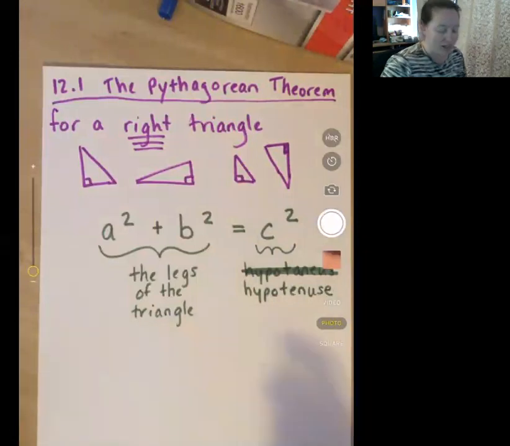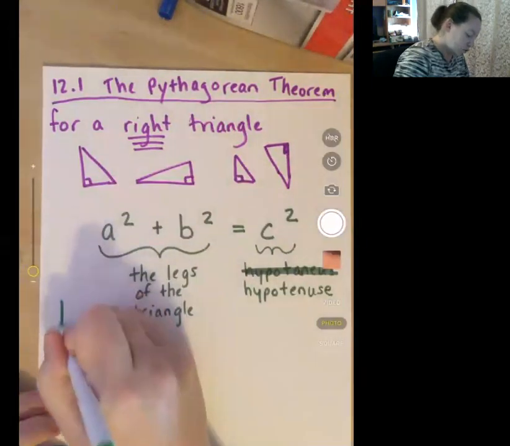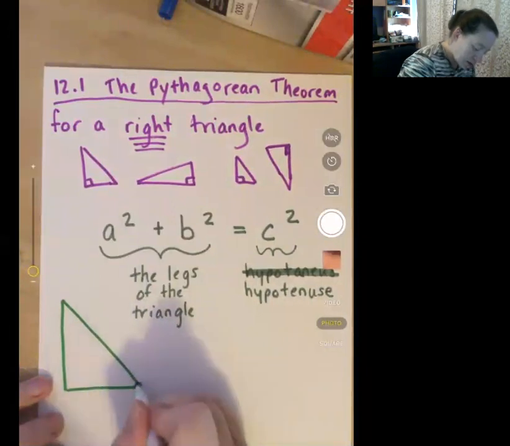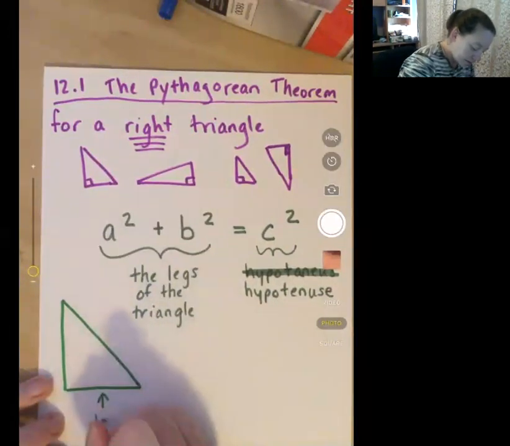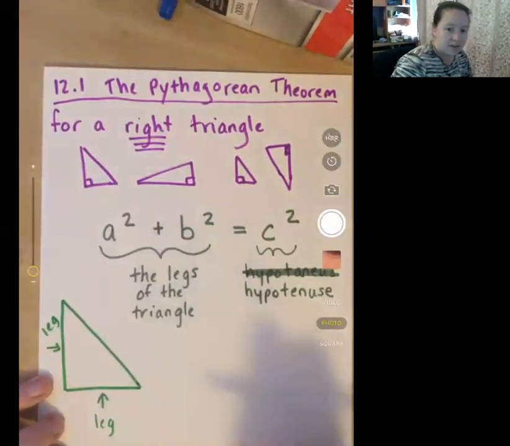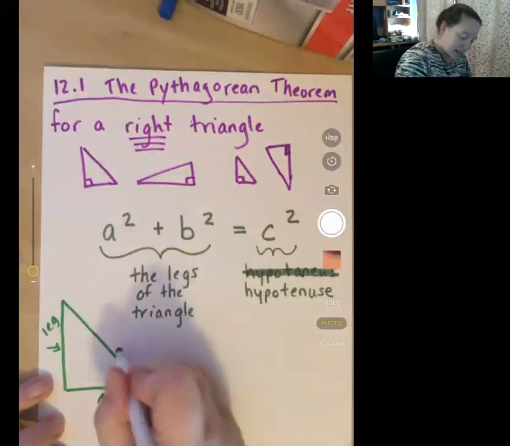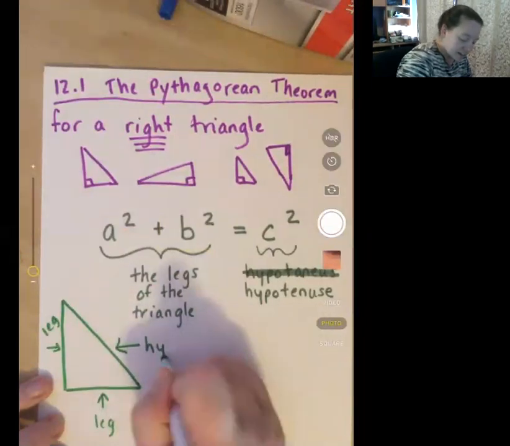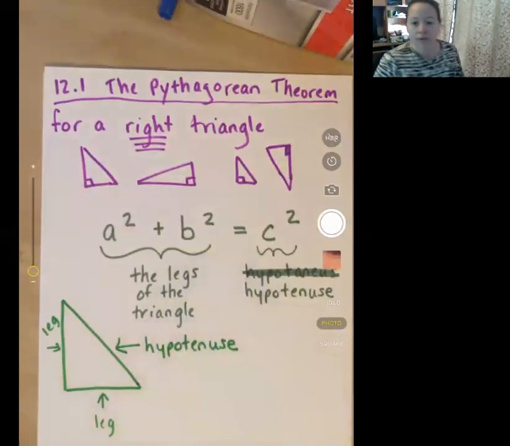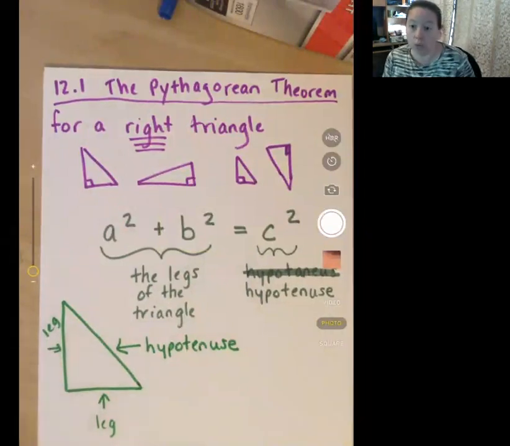Okay, so on an actual triangle, let me draw a triangle right here. This is a leg. This is a leg. That is the hypotenuse. It does not matter which one you decide to call a or b.